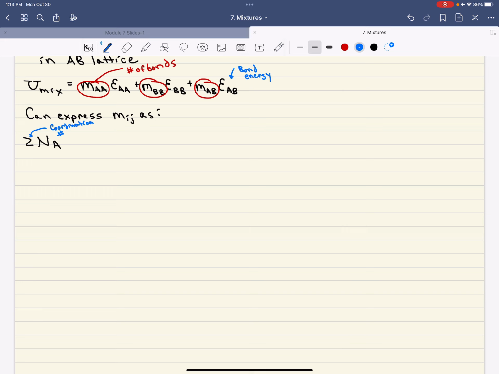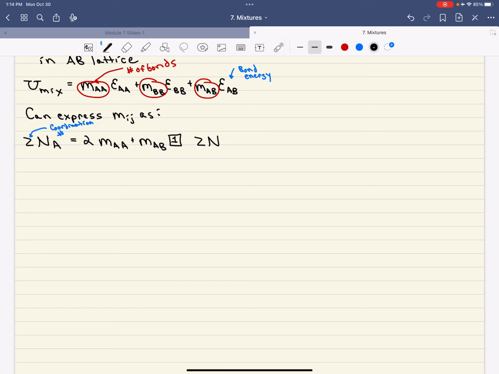Here, we want to describe the number of bonds that A is able to form. And so for the AA bonds, 2 A molecules are involved, so we'll multiply that by 2. While for the AB bonds, only 1 A molecule is involved. We'll call this equation 1.